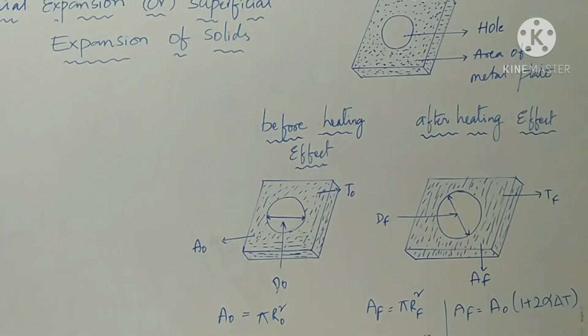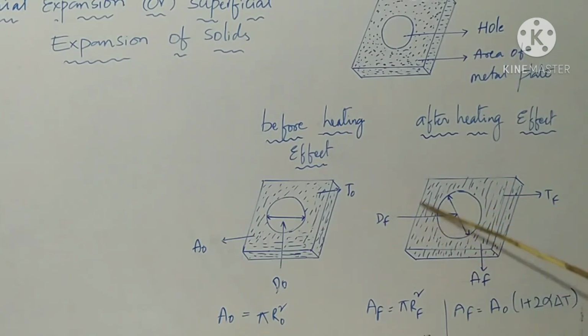Let us start our experiment. We give some heating effect to this metal plate. After the heating, the diameter increases and the area of the plate also increases. After the heating, the diameter of this hole is the final diameter Df.